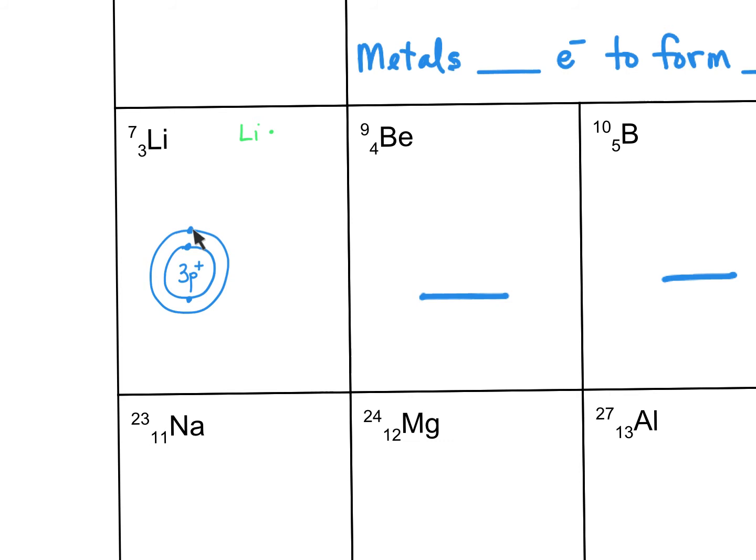There's 1 electron here. The second shell will be full with 8. It will be empty with 0. So if we only have 1 here, it's definitely closer to empty. So what happens then is that this atom of lithium will lose that 1 electron, which essentially empties that second shell.